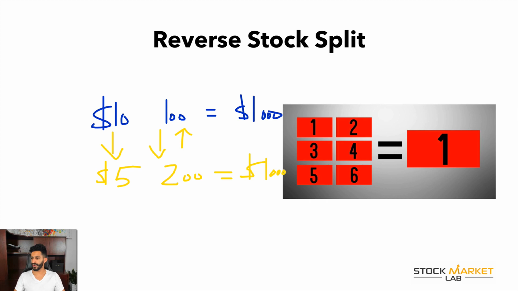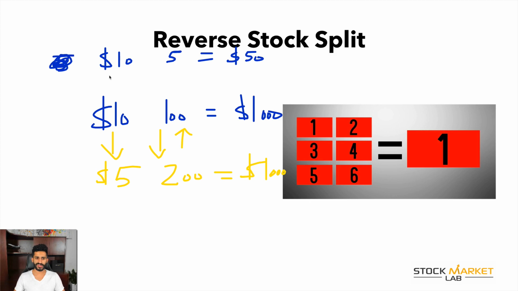Now, let's say you were originally holding 5 shares at $10, right? So if you were holding 5 shares at $10, that means you were holding $50 worth of this stock. Now, the stock split happens. You wake up one day and you're like, oh man, I didn't know. What happens now?